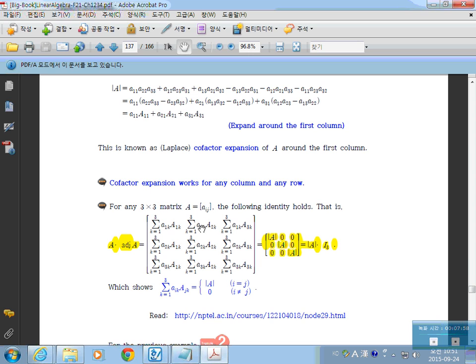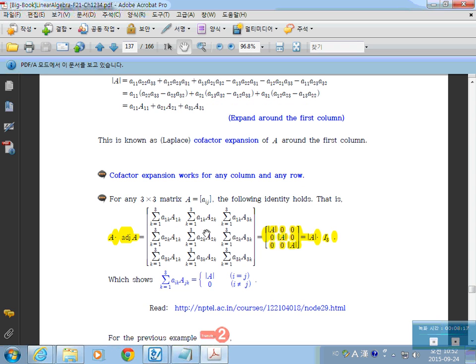But you will easily see the other terms. The main diagonal forms like that, but the off-diagonal entries will be 0 for any matrix, like you see in here. From this cofactor expansion, you will see the main diagonal entries are the determinant of A, but all the off-diagonal entries are 0.